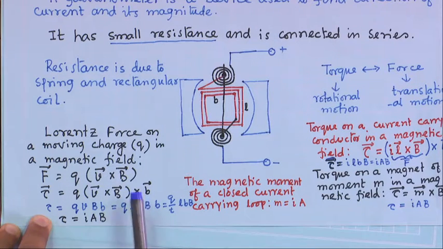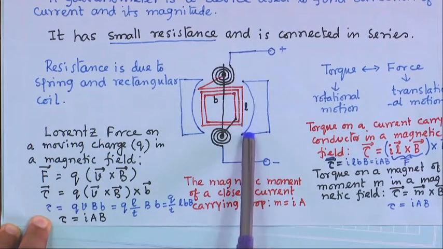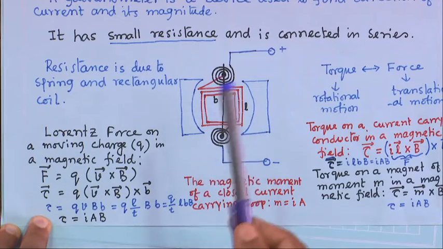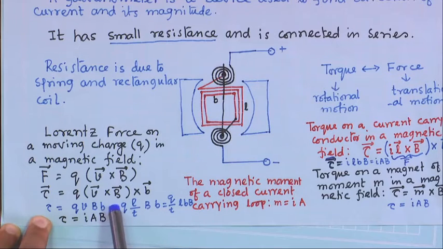So, this I can write: tau equal to Q V B b. Now, for Q V, I can write the velocity of the charged particle along this length L. So, velocity is L by T, if a charged particle takes time T to cross this length L. So, I can write L by T times B b.